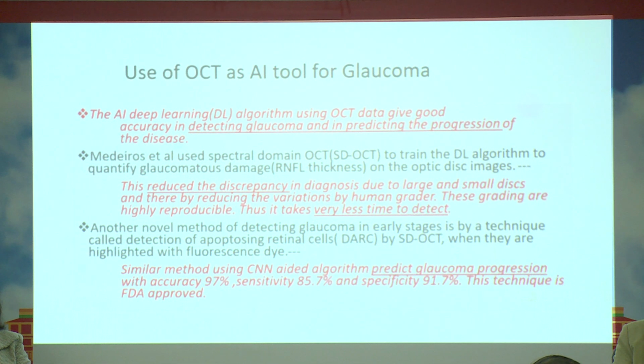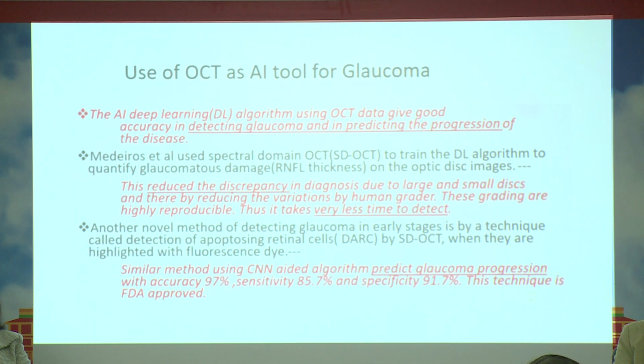Medeiros et al. used the spectral domain OCT to train the deep learning algorithm to quantify the RNFL thickness in OCT and the optic nerve images. This reduced the discrepancy of the diagnosis due to large and small discs and thereby reduced the variation by the human graders. These gradings are highly reproducible and this takes less time to detect.